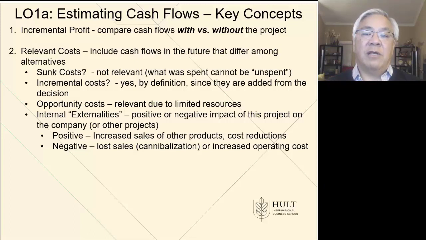Negative is where we could lose something somewhere else. The common example is what we call cannibalization, where by selling your product, you take away sales of an existing or an alternative product that your company has. Also, there could be a negative externality related to the cost of operating the business.